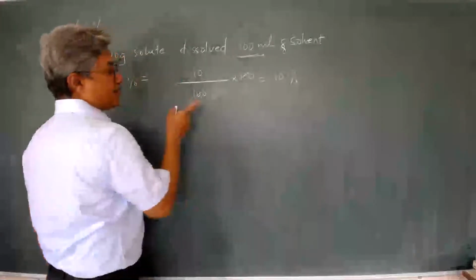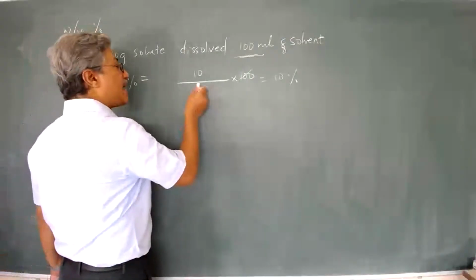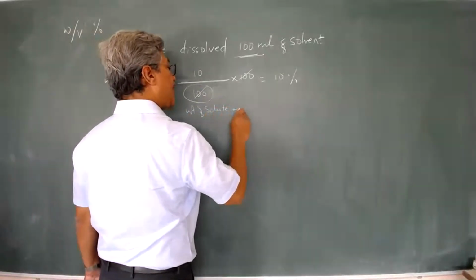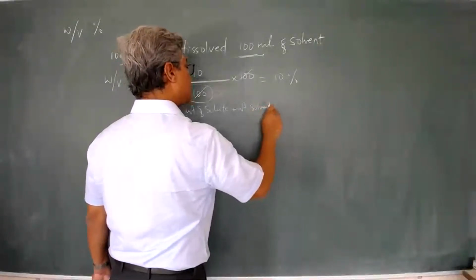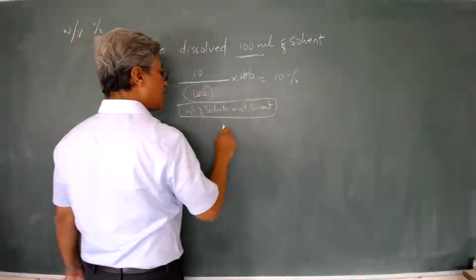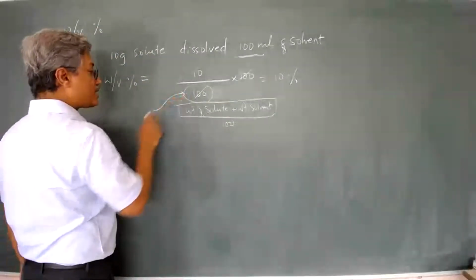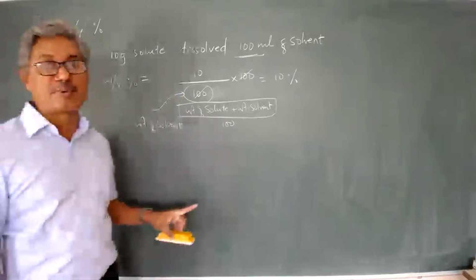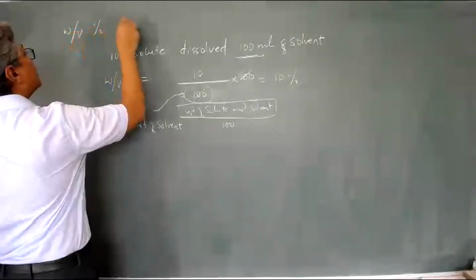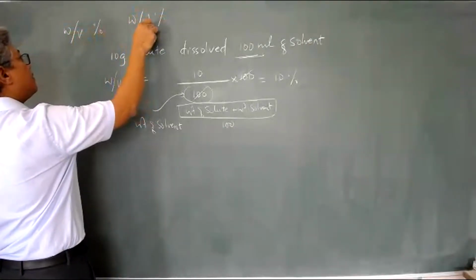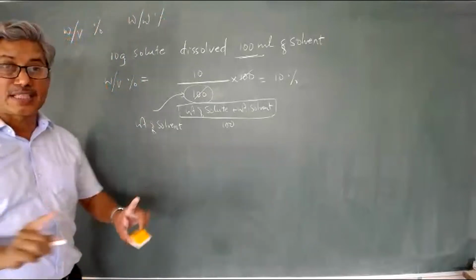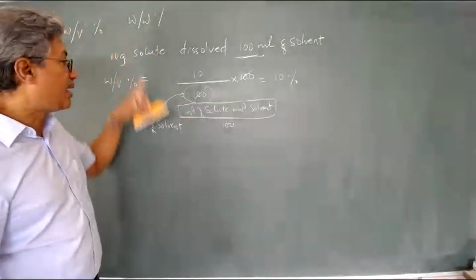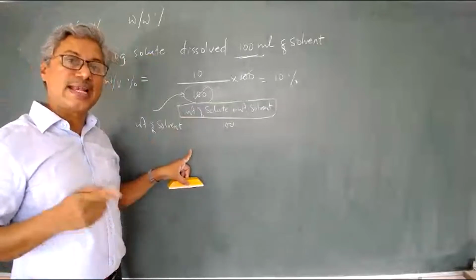If you remember, in the weight percentage we took the weight of solute and weight of solvent, and the total was going to be 100. But in this case, it is just the solvent. Remember this. This is the main difference between weight by volume percentage and weight by weight percentage. In the denominator, with respect to mass by mass percentage, we take the total mass of solute and solvent.